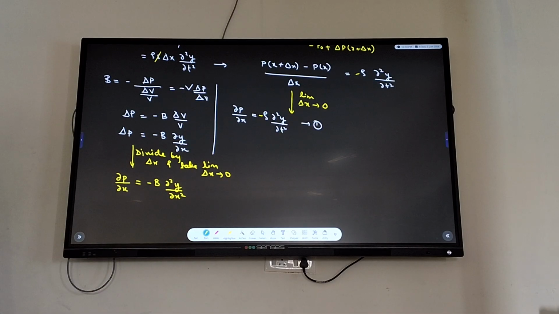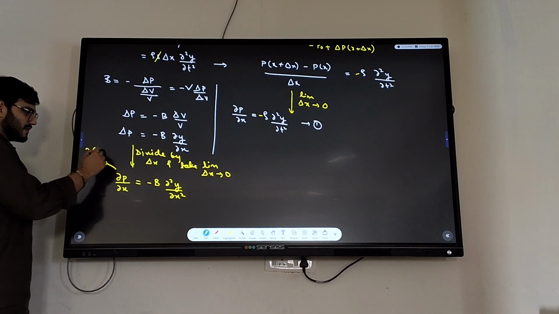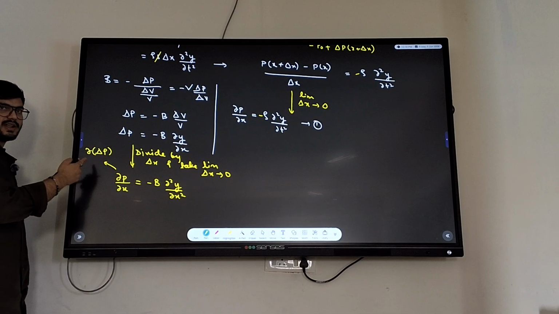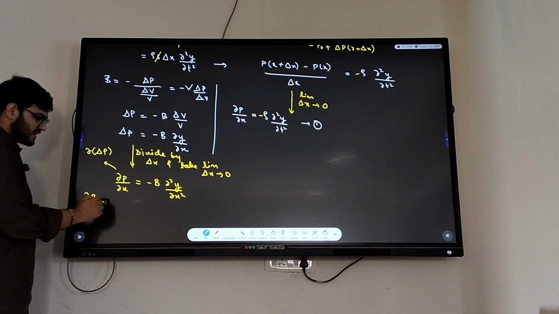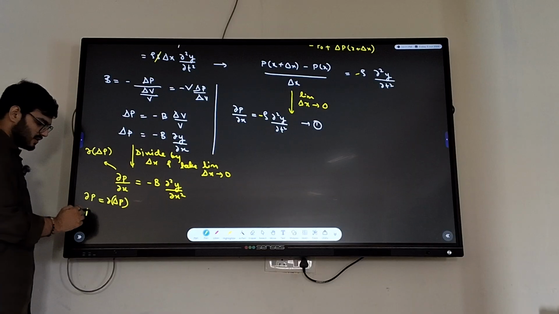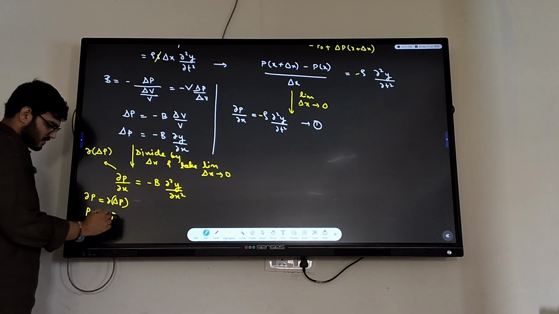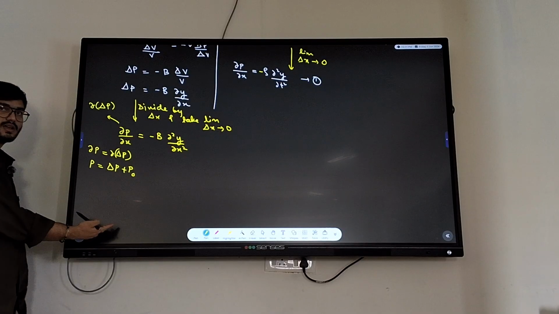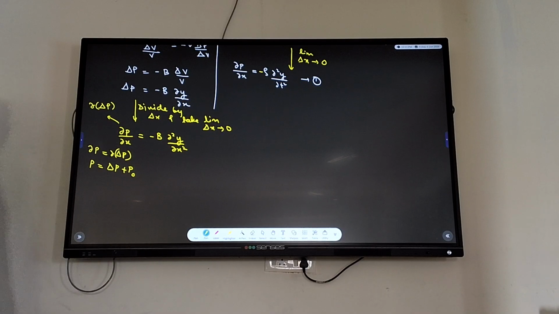Does it make sense? I wrote del p, I did not write del of delta p. More appropriately, I should write del of delta p. But del of p and del of delta p are the same. Why? Because the only thing separating them is p naught, and when you differentiate p naught, that's 0. So it doesn't matter.